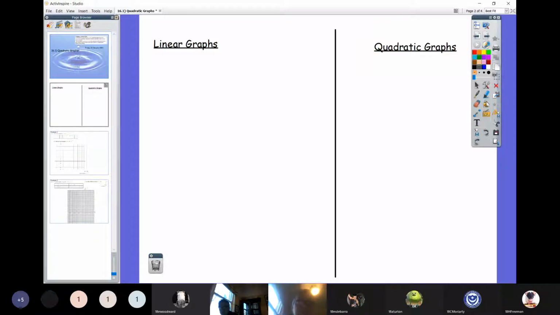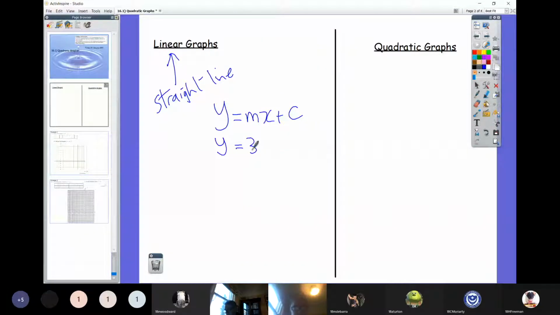A linear graph means a straight line, and that's where we've got used to the idea of y equals mx plus c. So that's our starting point with all of those, if you remember. We might have a graph which is y equals 3x plus 2, for example.